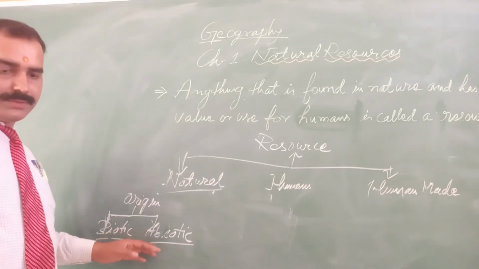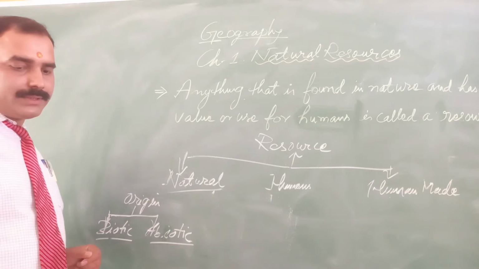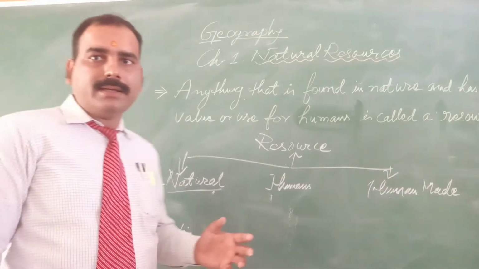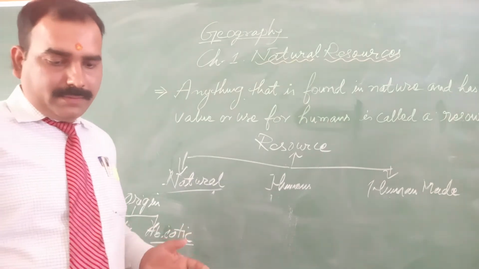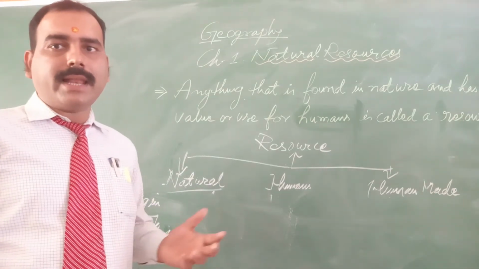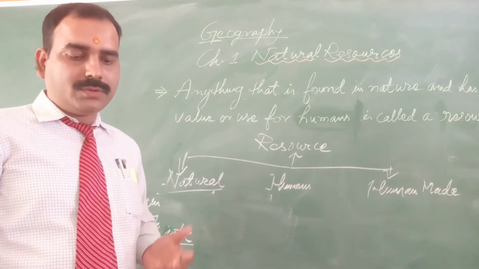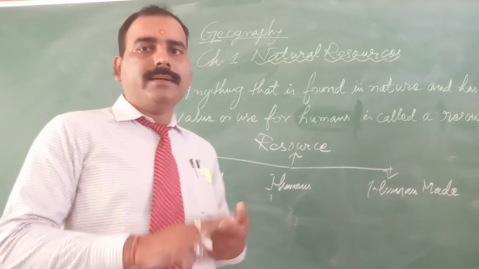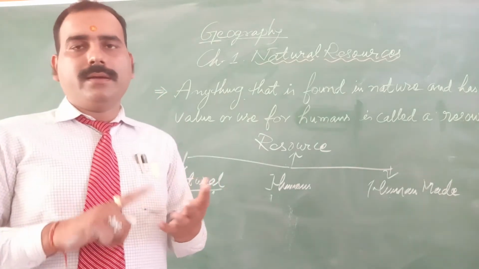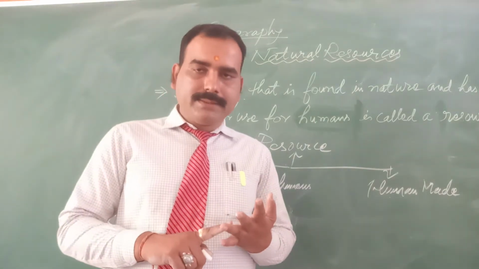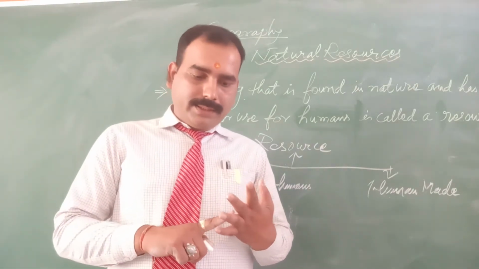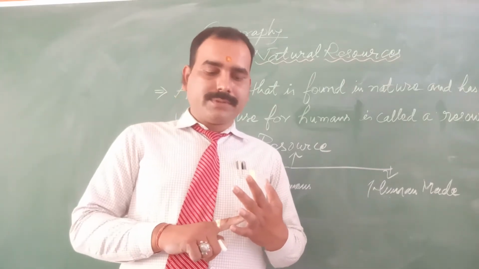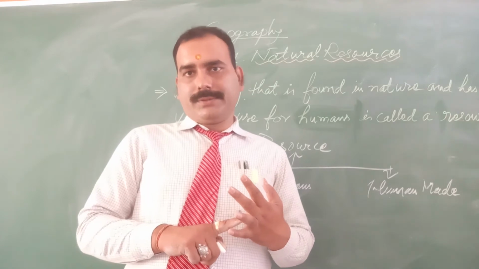And abiotic resources. Abiotic resources include all physical and non-living things such as land, minerals, soil, water and climate. So land, minerals, soil, water and climate, these are all non-living things or physical substances which come under the concept of abiotic resources.